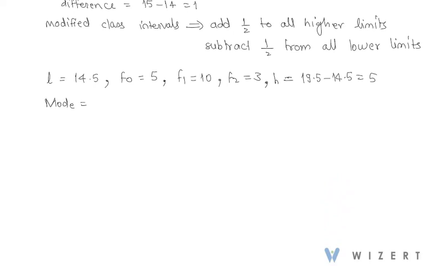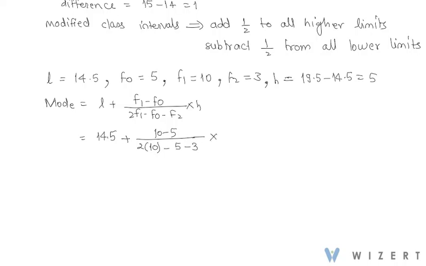Mode equals L plus (F1 minus F0) upon (2F1 minus F0 minus F2) into H, which is equal to 14.5 plus (10 minus 5) divided by (2 into 10 minus 5 minus 3) into 5.